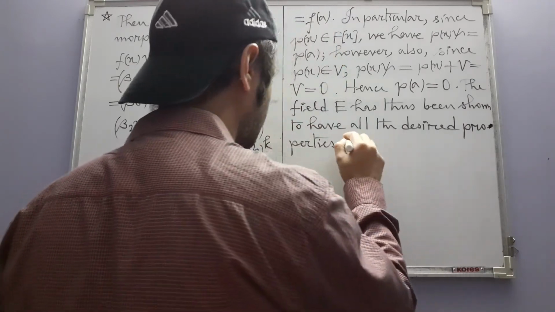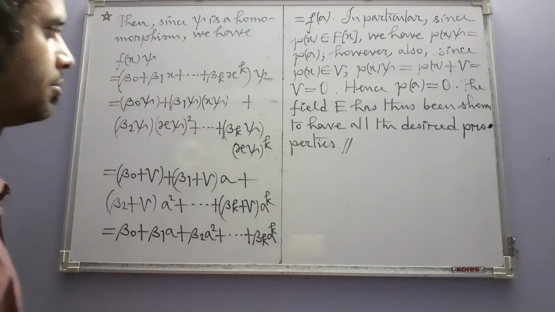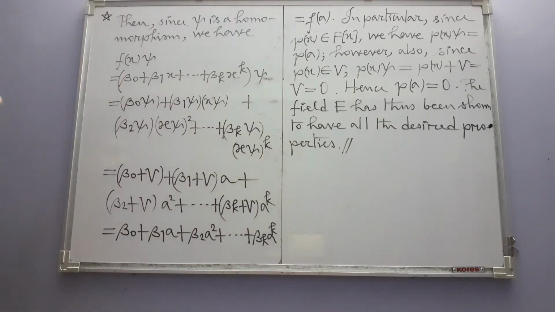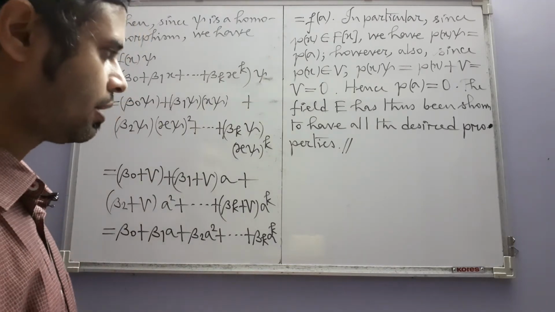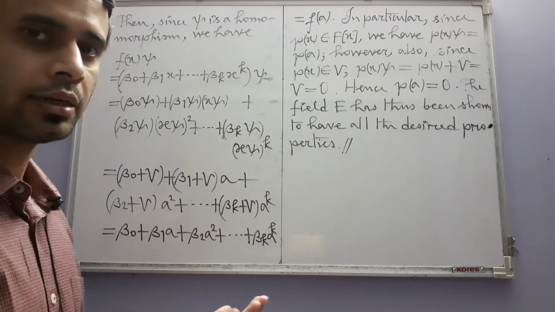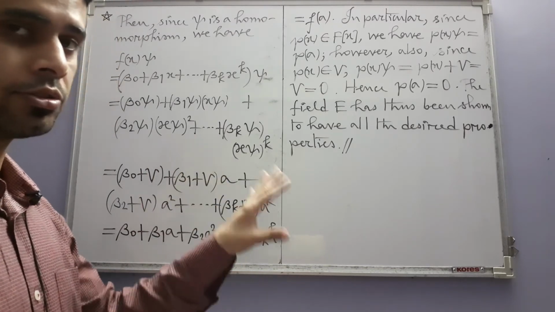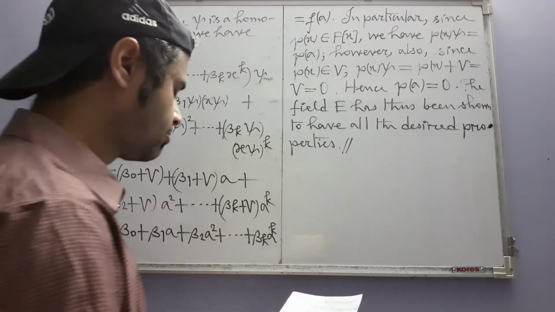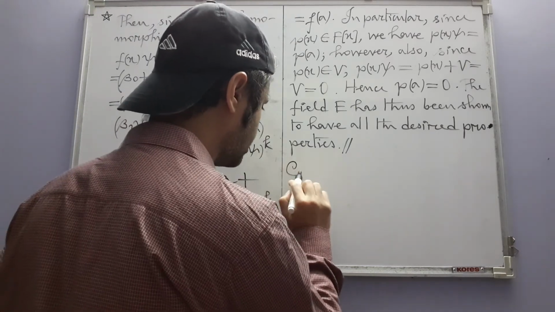So the theorem is, let's just end it here itself. So that's how every polynomial, every irreducible polynomial, has a root in an extension field. Now we are going to go to the case of a general polynomial.